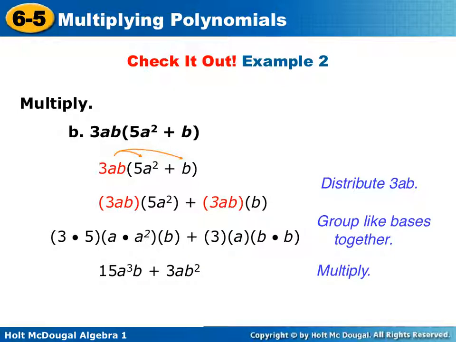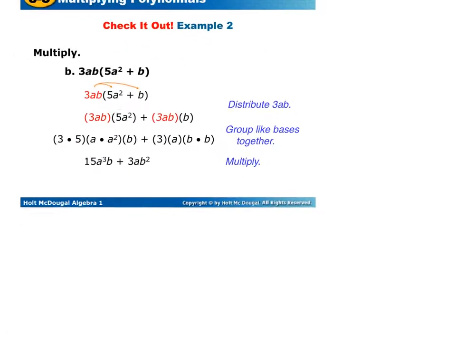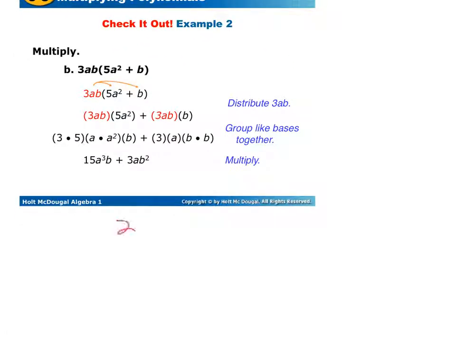Here's another one. Again, lots of practice here. This is going to be the foundation of everything, so you must understand the difference between adding and subtracting and multiplying. And then we're also going to be getting into dividing. So again, 3ab is my monomial that I'm going to distribute to my polynomial here, my binomial.